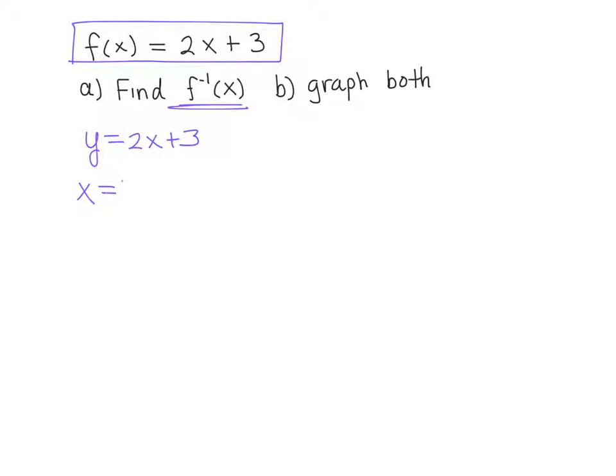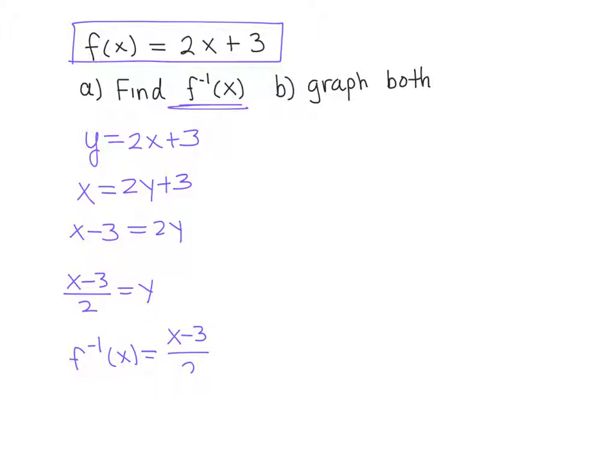X is equal to 2y plus 3. Then solve for y. So we have x minus 3 is equal to 2y. X minus 3 over 2 is equal to y. So your inverse function is equal to x minus 3 over 2.